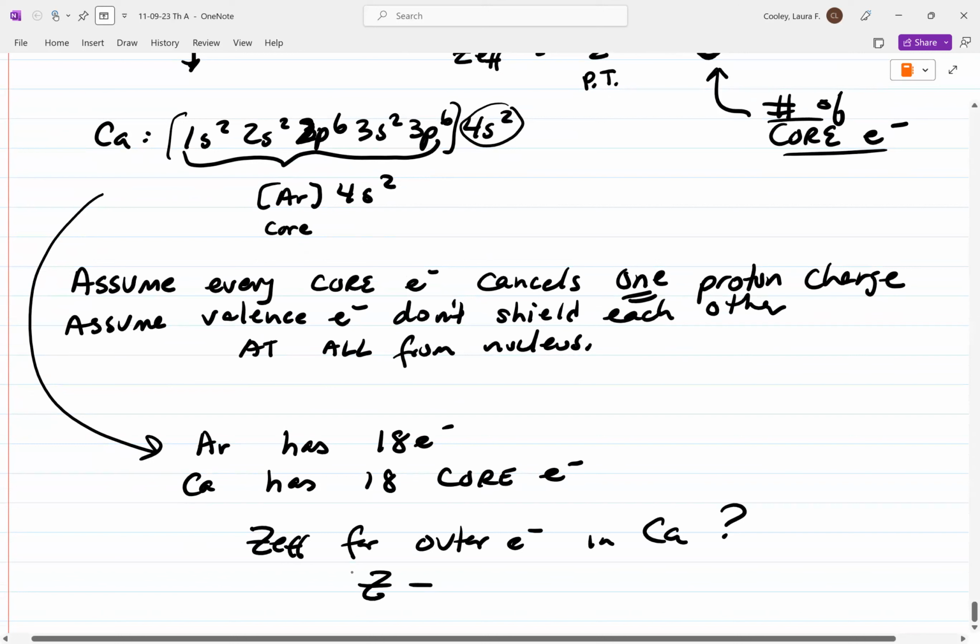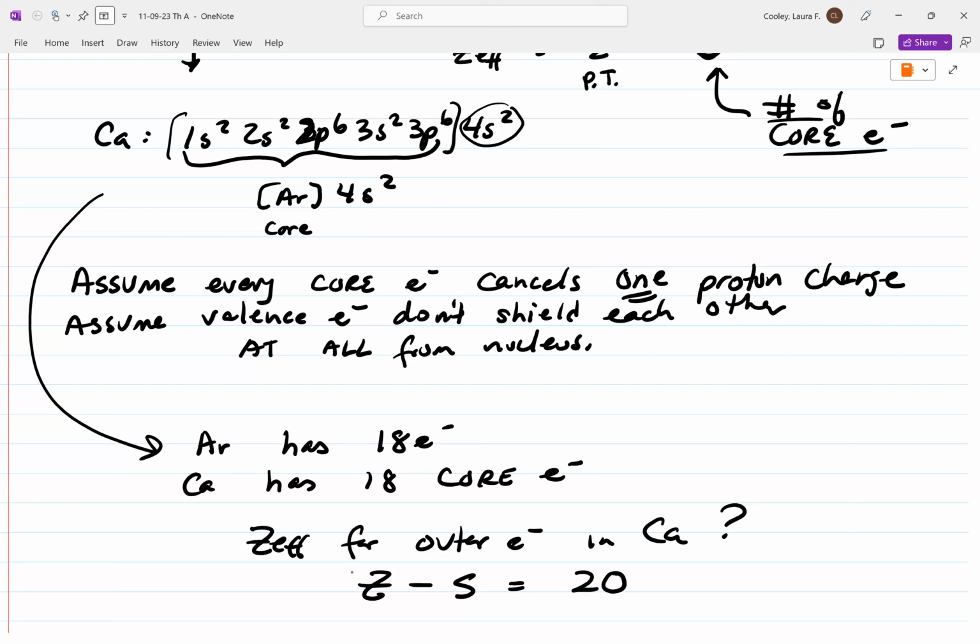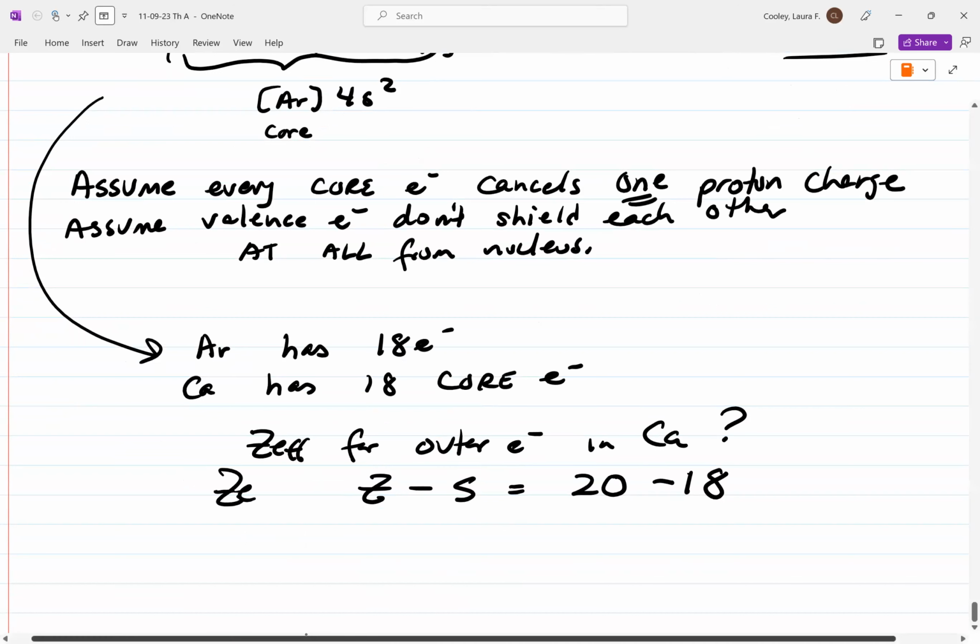It'll just be Z minus S, which is 20, that's the Z from the periodic table, minus 18, which is the number of core electrons. And so we end up with the Z effective for calcium is 2. So in other words, what this is approximately telling us is that those outer 2 electrons in calcium are only experiencing a charge of +2 of the nucleus because of all the electrons in between canceling out most of that charge.